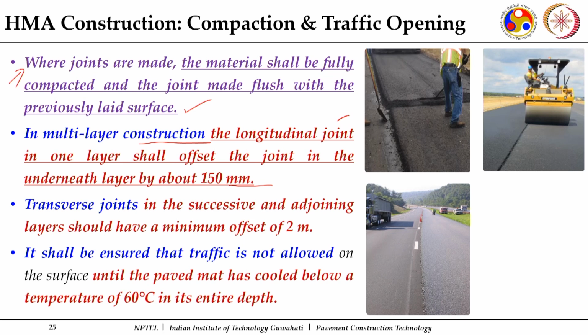So if I am constructing, say, a bituminous base course, over that a bituminous binder course is going to come up, then I will try to ensure that the joint on the top layer is having an offset of at least 15 centimeter. Now this is for longitudinal joints.